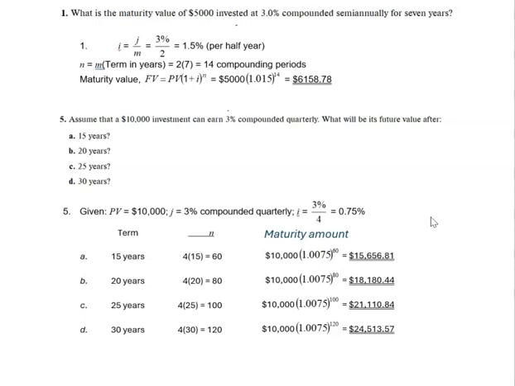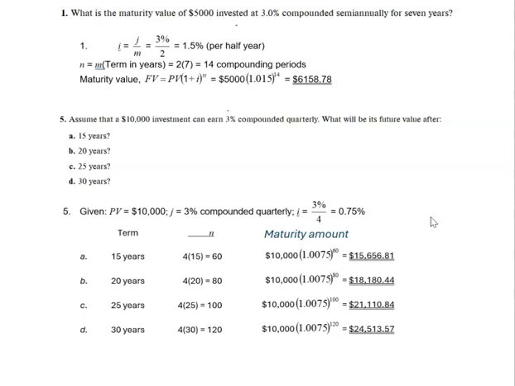B is 4 multiplied by 20 years. C is 4 multiplied by 25 years. And D is 4 multiplied by 30 years to give you what your n, or your exponent, is going to be. So we want to multiply each of those out.